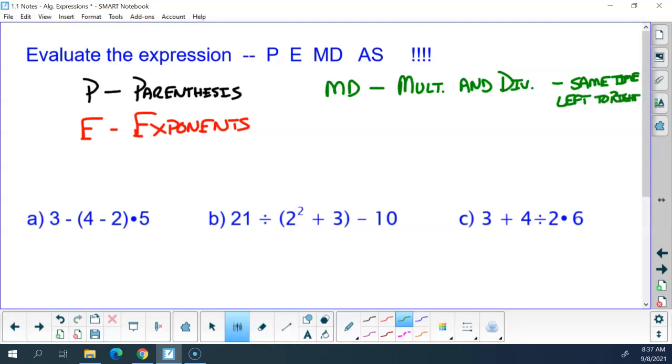And that one we go left to right. So we're multiplying and dividing, we work that left to right. And then at the very end, at the very last, we do adding and subtracting.